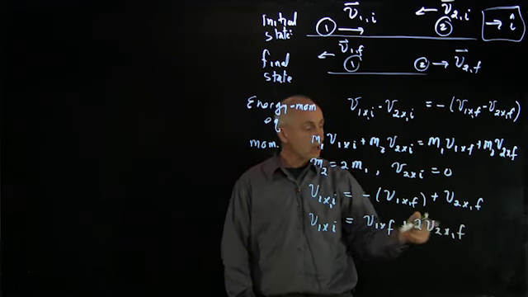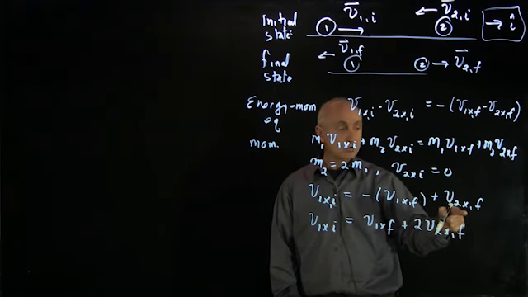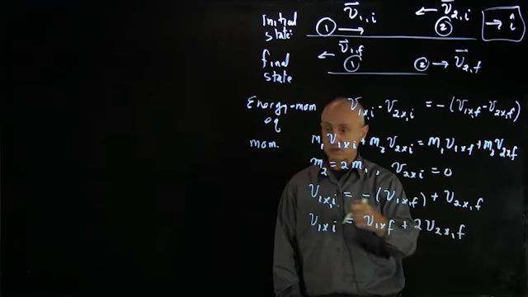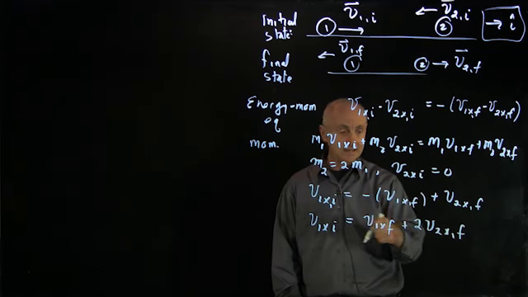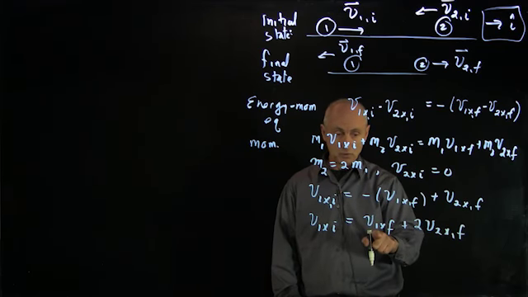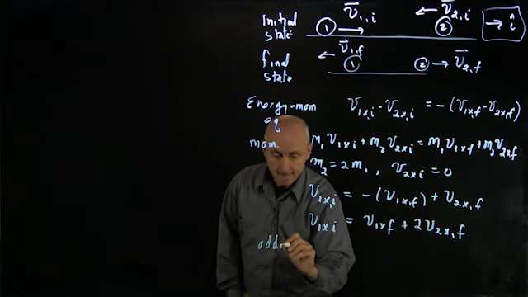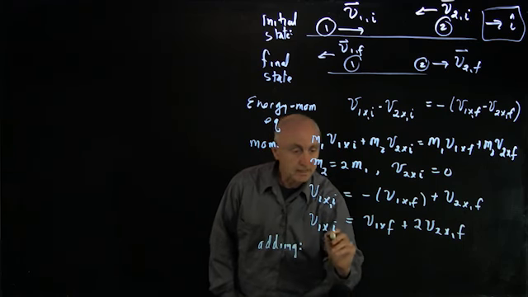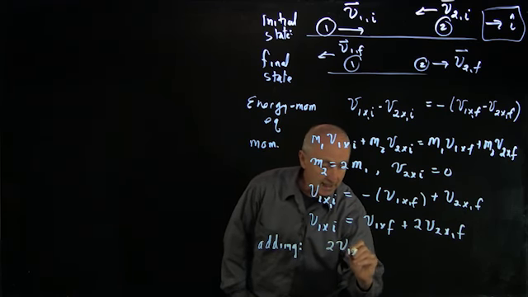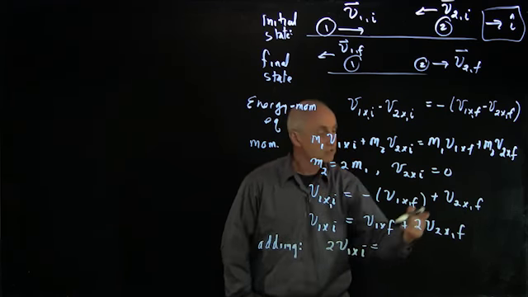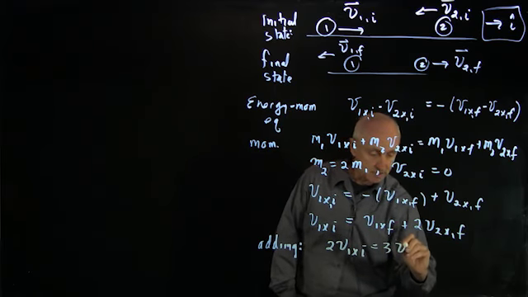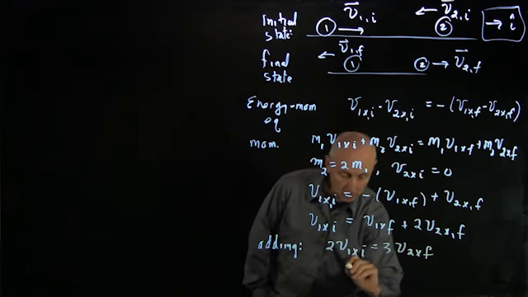Now, I want to solve for our target variable. I look at these two equations. I can see almost immediately that if I add these two equations, v1x initial will cancel. And I get, very simply, by adding, 2 v1x initial equals 3 v2x final.